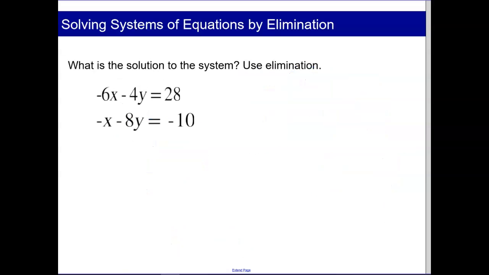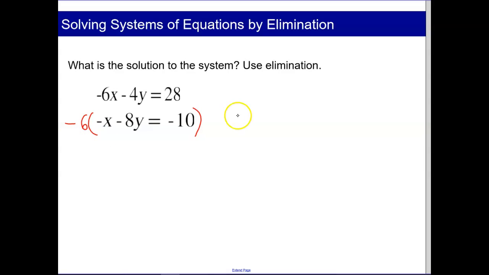All right, this one's a little more challenging. What do we notice here? Well, I can't just add or subtract these equations together to eliminate a variable. But what if I multiply this bottom equation by negative 6?